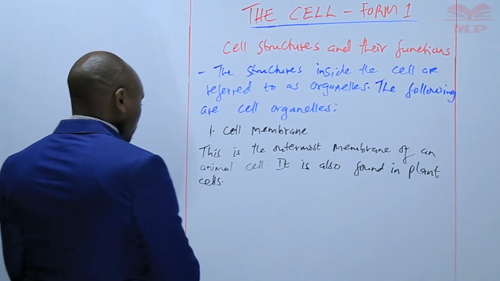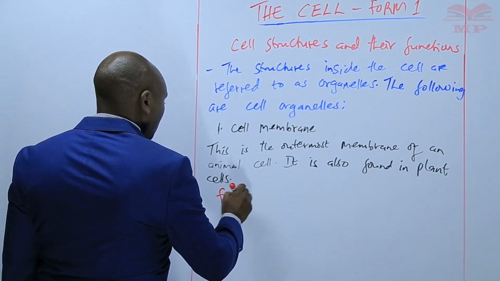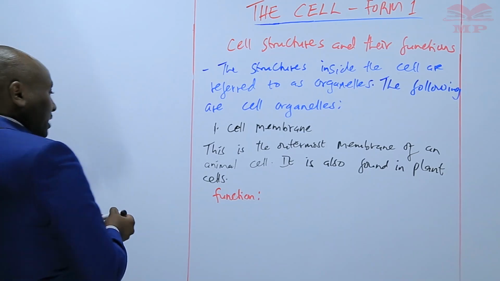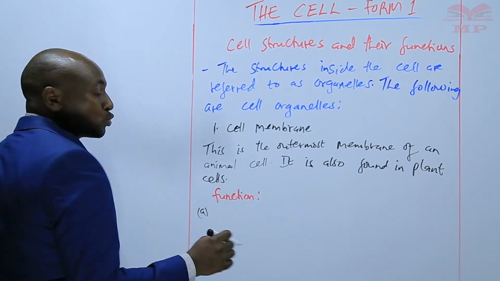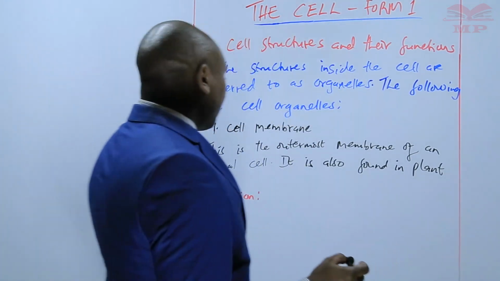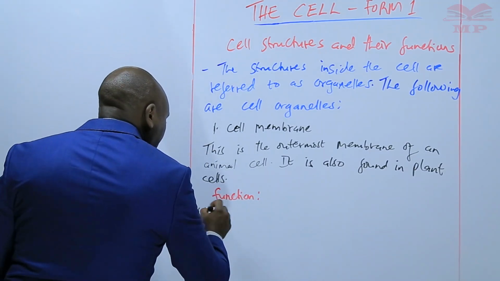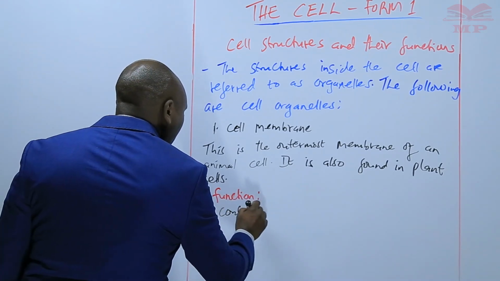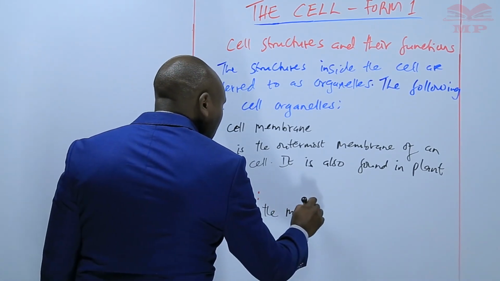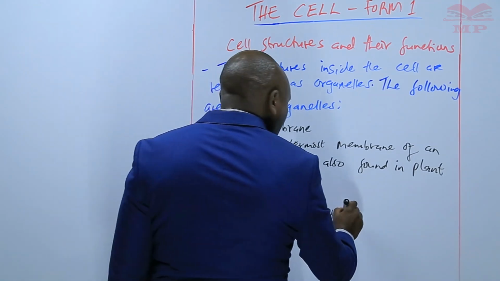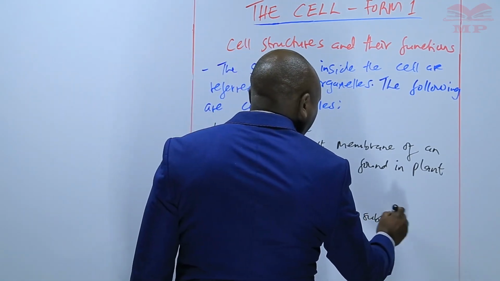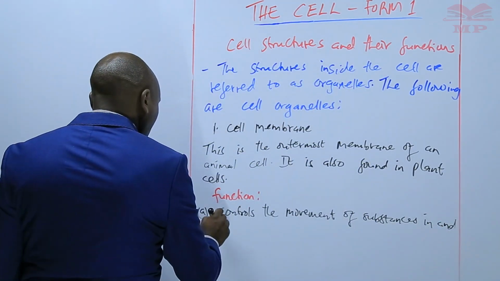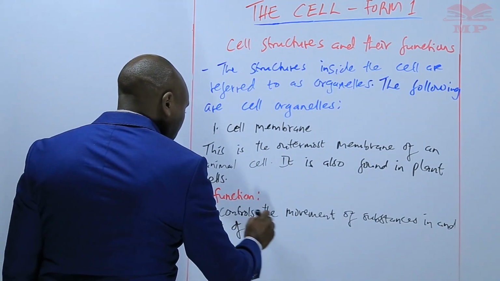So what is the function of the cell membrane? The cell membrane plays two main functions, and the first function is that it controls the movement of substances in and out of the cell.